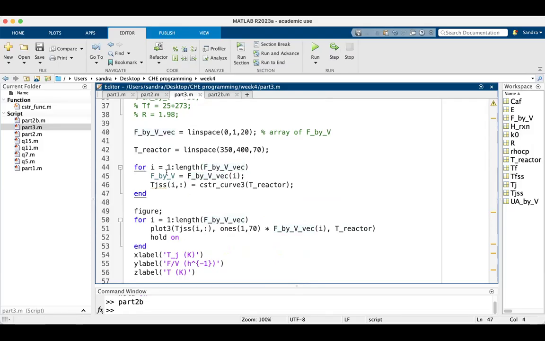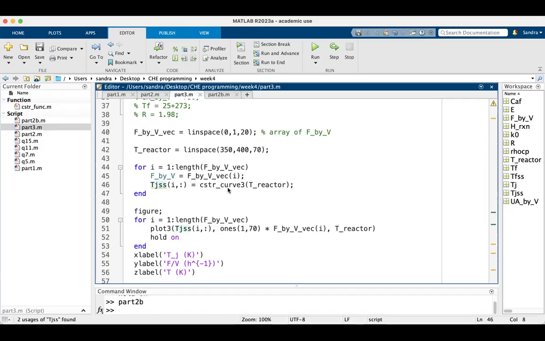Remember, this is the global variable. So in the first loop, when I'm saying F by V equal to 0, everywhere in the program F by V will be 0. Again in the second loop, F by V will be 0.1 or something, then everywhere in the program F by V will be equal to 0.1. That is the advantage of using a global variable here. Now F by V I'm declaring to be the first value of this vector.